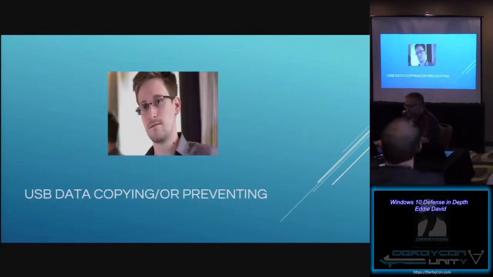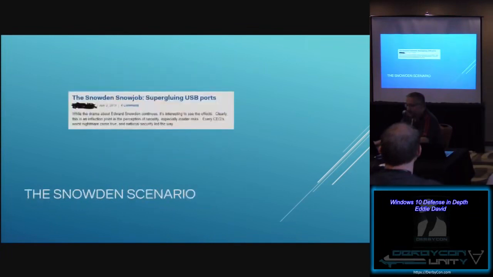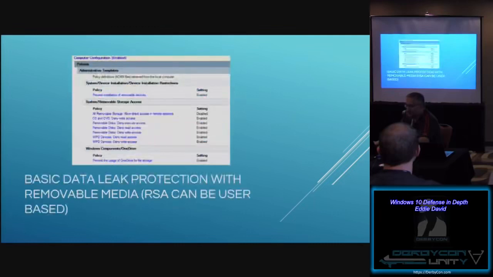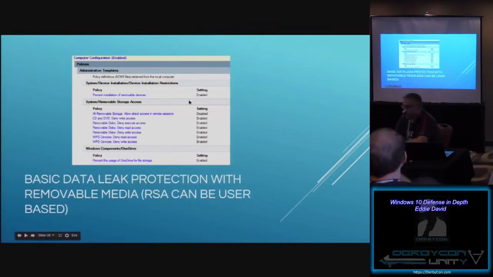So I'm going to get into next how we can prevent USB data copying. And don't super glue USB ports. That's just not a good idea. So one of the things I'm doing with this policy is preventing installation of removable devices. That's going to be enabled. And then I'm going to go on down where I'm setting my removable storage access.